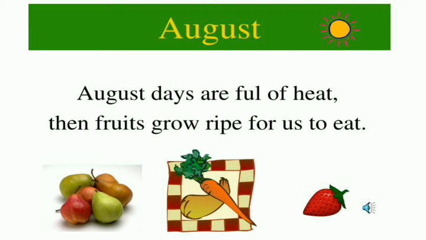So in August we find hot days full of heat, and fruits grow ripe for us to eat. So children, you all understand that the August month is a month very full of heat.